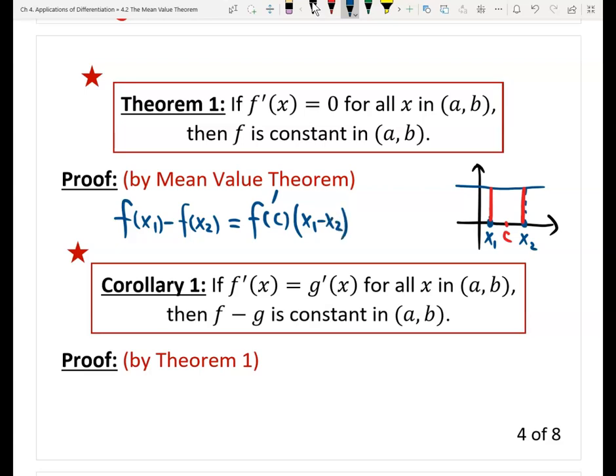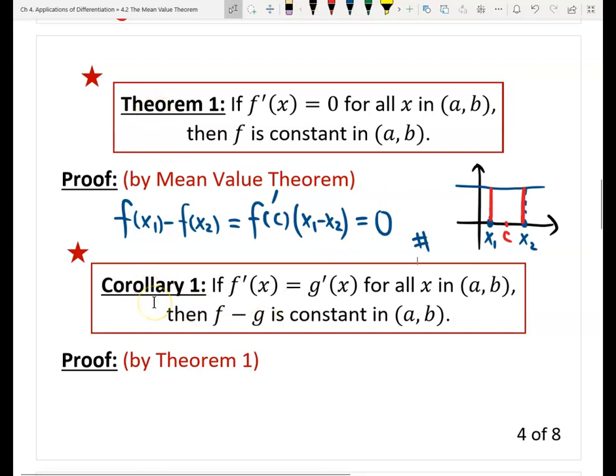This is the mean value theorem: delta y equals f prime times delta x. And the derivative always equals 0. Can you see that? That equals 0, which means all the y values stay the same. Is this a proof? Yes, definitely.